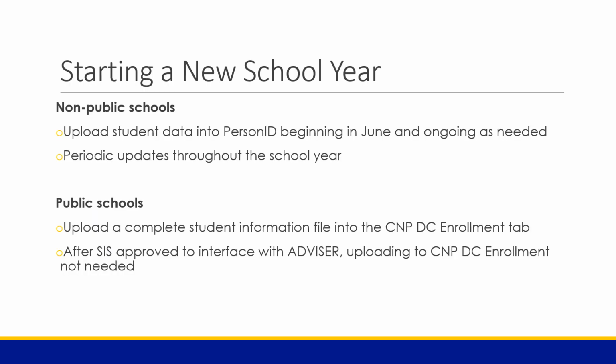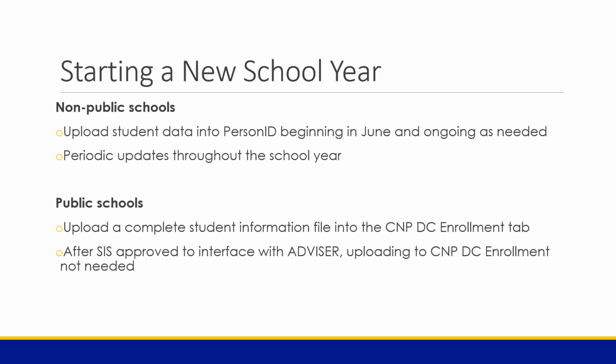There is important information and important distinctions to make between non-public and public schools when it comes to identifying matches for a new school year. Non-public schools must upload student data into Person ID beginning in June and then ongoing as needed in the lead up to a new school year.